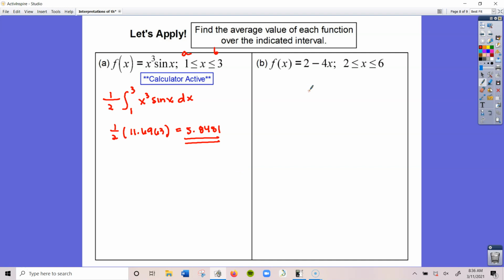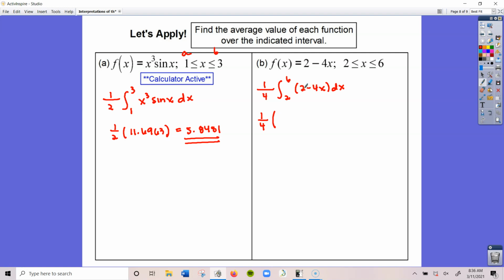Now let's try this without the calculator. We have 1 over b minus a, so 6 minus 2, which is 4. And we integrate that from 2 to 6 of the function 2 minus 4x dx. So we're just going to leave this constant there on the outside.